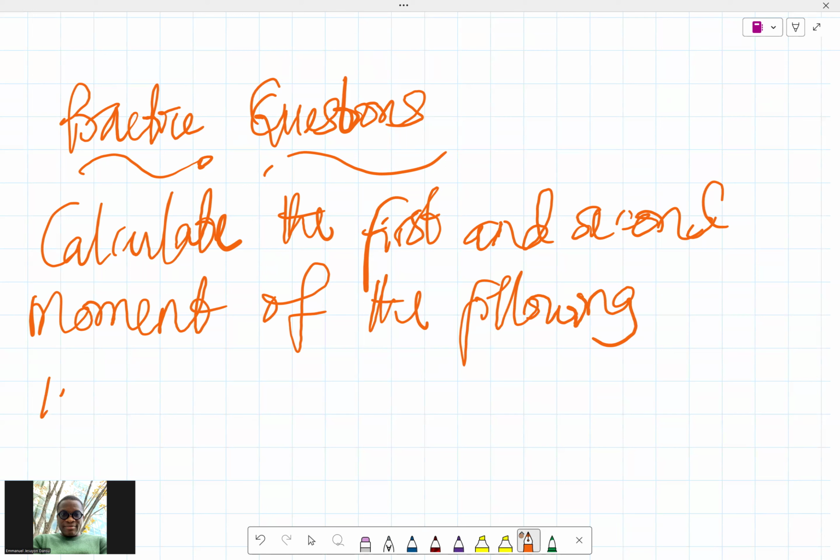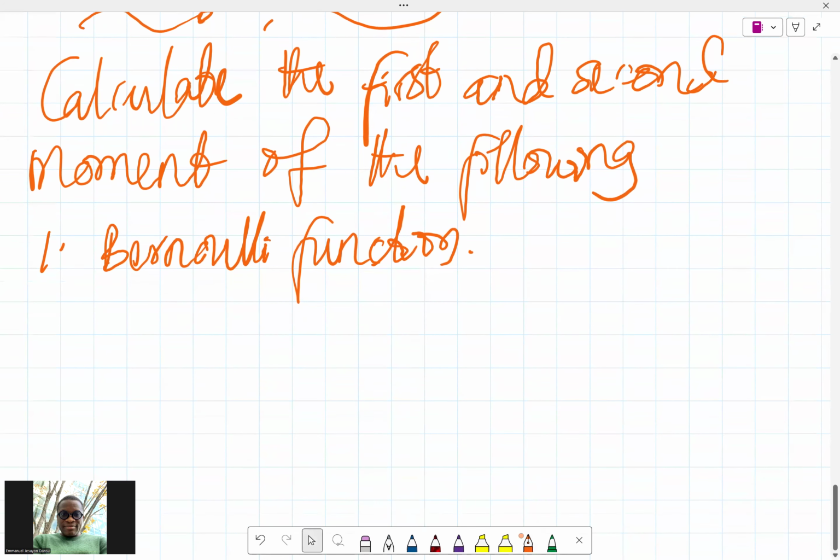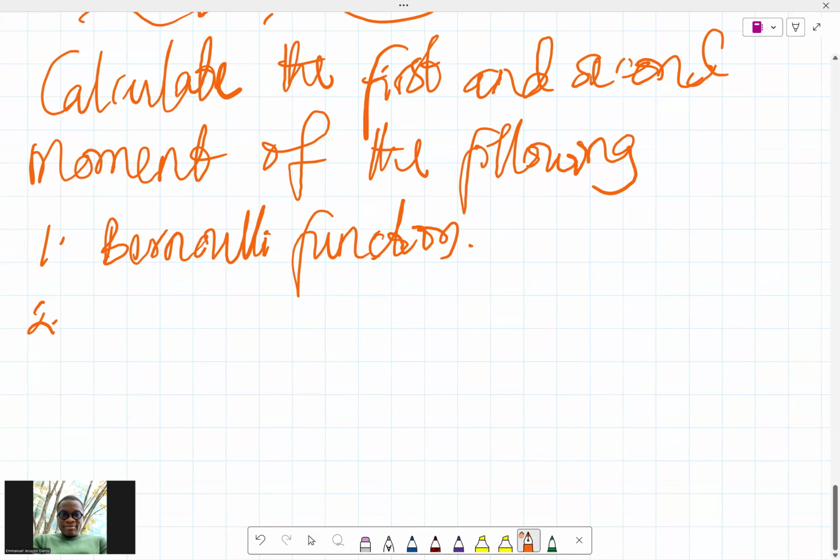Number one, Bernoulli distribution. So it means you get the probability generating function, and then you differentiate and substitute one.